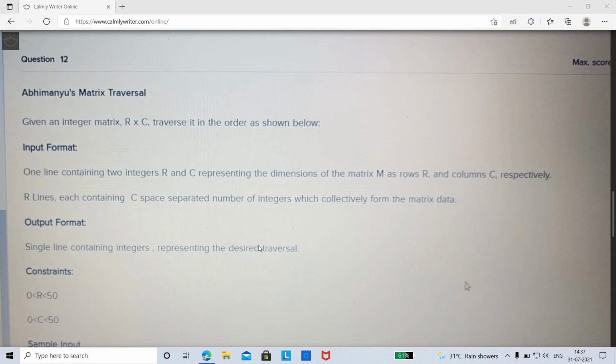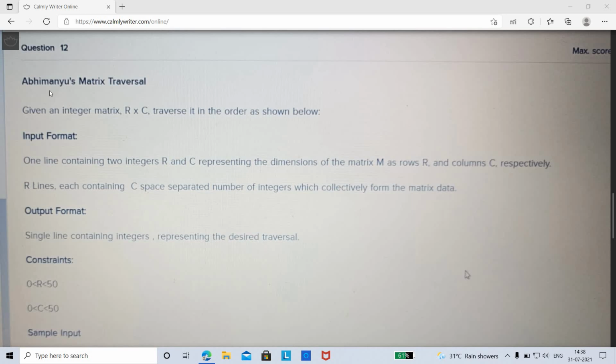The MCQ questions are a mix: you can get questions on quantitative aptitude, logical reasoning, and also technical MCQ questions like data structures and find the missing terms. So there will be 10 MCQ questions, the 11th will be a coding question and the 12th is also coding. So there will be 2 coding questions. The second coding question is Abhimanyu's matrix traversal.